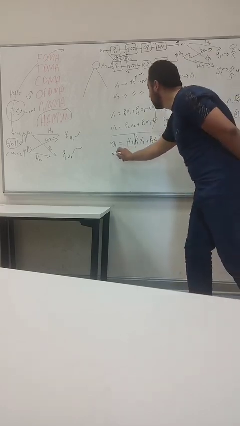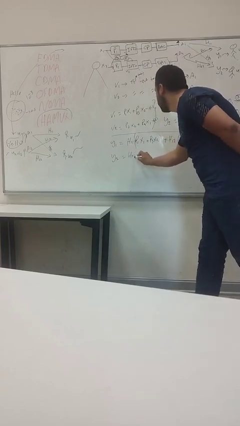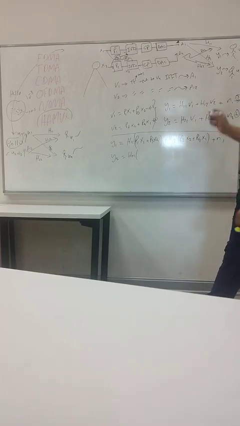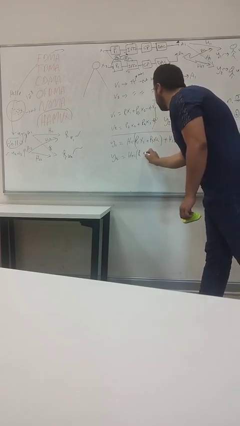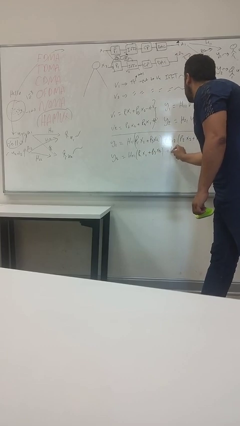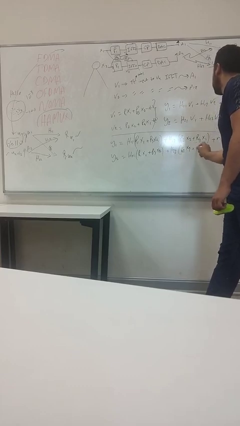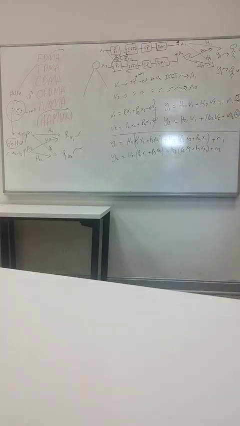Is that right? And Y2 equals H21, this is V1, yes? So again, P1 X1 plus P3 X2 plus H22 multiplied by P2 X2 plus P4 X1 plus N2.